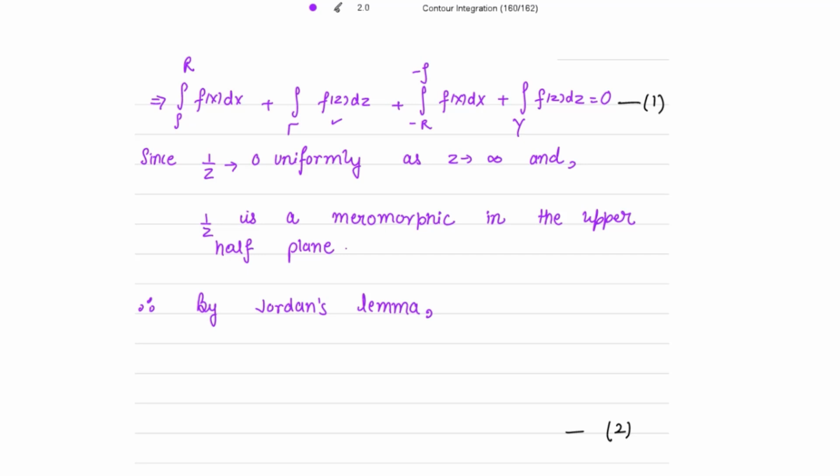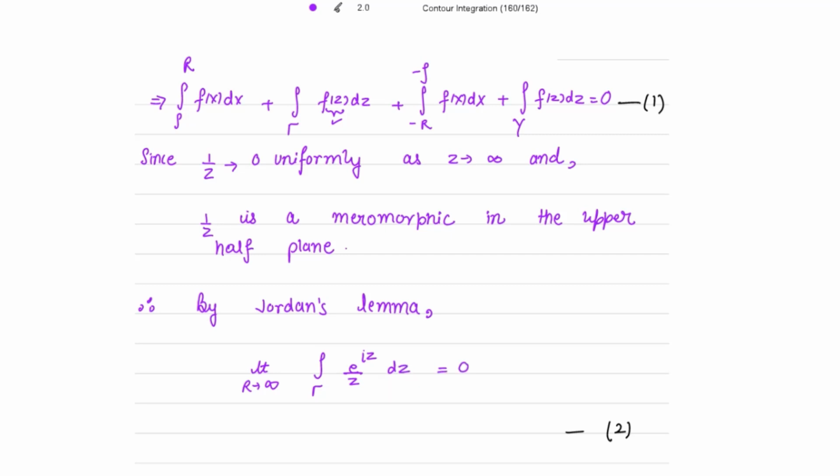So for the second integral I write, because I have to take the limit r tends to infinity for Jordan's lemma, the limit r tends to infinity of the integral over this tau of e to the power iota z over z dz, instead of f(z) I am writing its value.